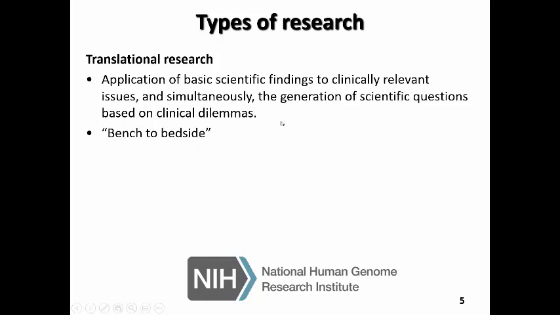And so this type of research applies those basic scientific findings and tries to make that direct connection to those clinically relevant questions and generating the scientific questions on clinical issues. One such example is the Human Genome Project.